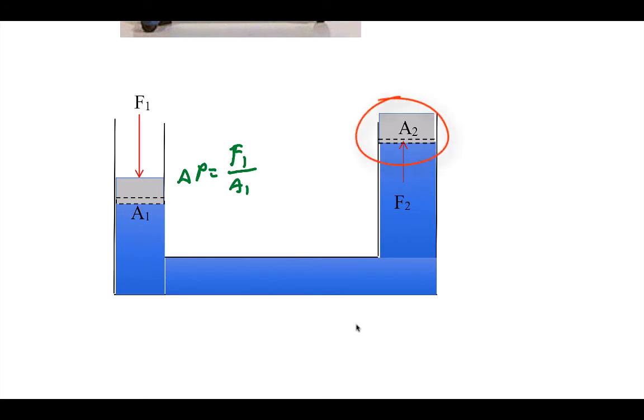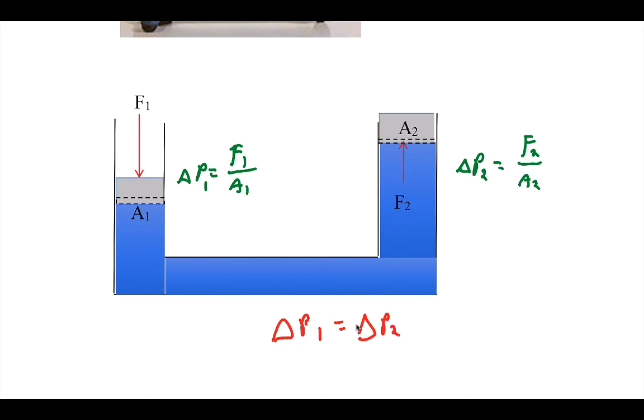Now over here, whatever that change in pressure is on this first part, you're going to have a change in pressure over here, which would also be a force over its area. And again, as Pascal says with his principle, the change in pressure in one point has to be the same as the change in pressure in the other.